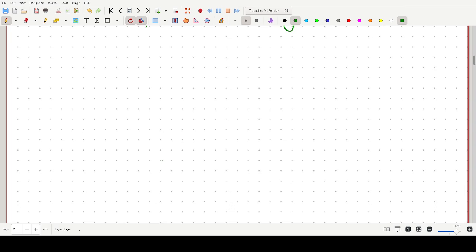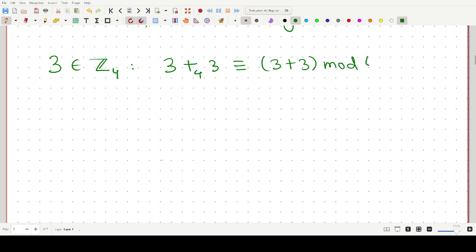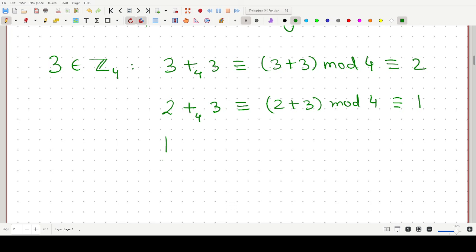Let us now check for 3, correct? So 3 belongs to Z4. Let us see, 3 operated with 3 would give us 3 plus 3 modulo 4. Now 3 plus 3 is 6, and 6 modulo 4 is 2. The resultant will be again operated with 3, because we are trying to see if 3 is the generator of the group, right? So we get 2 plus 3 modulo 4. The arithmetic sum of 2 and 3 is 5. 5 modulo 4 is going to be 1. And then finally we operate 1 with 3.